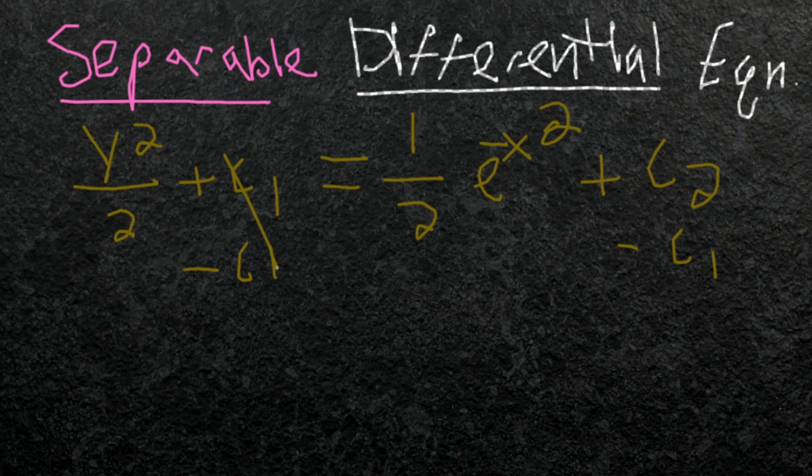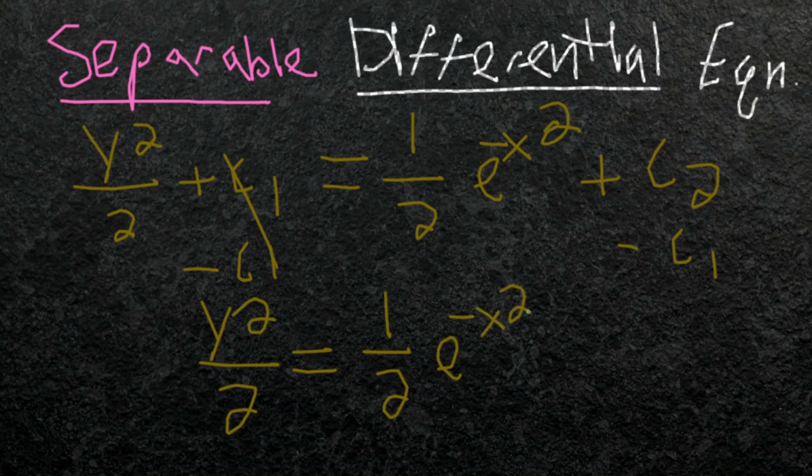These are both arbitrary constants, and we don't know what they are yet. And so we can just rewrite this as, on the left-hand side, y squared over 2 is equal to, on the right-hand side, 1/2 e to the negative x squared plus c. I'll just say that c2 minus c1 is equal to c. So if you just take the sum of c1 and c2, that is c.